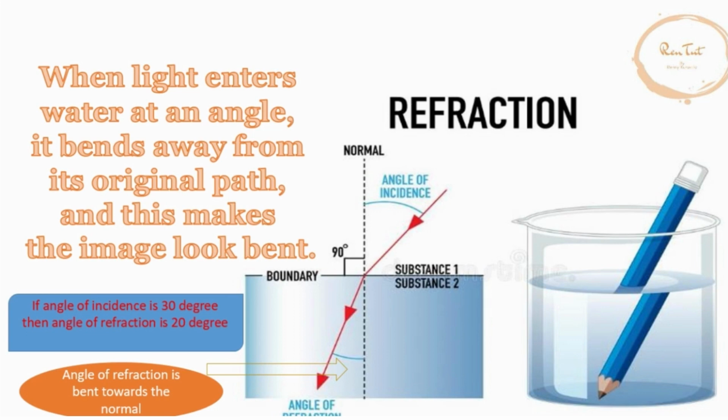So it is bending towards the normal. If the angle of incidence and angle of refraction were both 30, then it would be a straight line, but it is not a straight line. You can see it is bending towards the normal. That is why the angle of incidence is more and the angle of refraction is less.